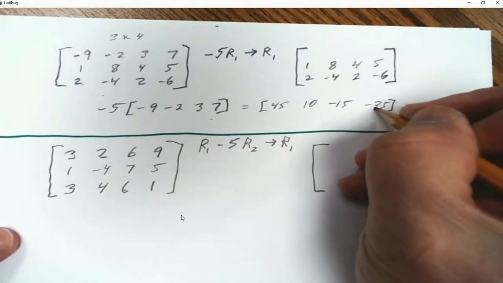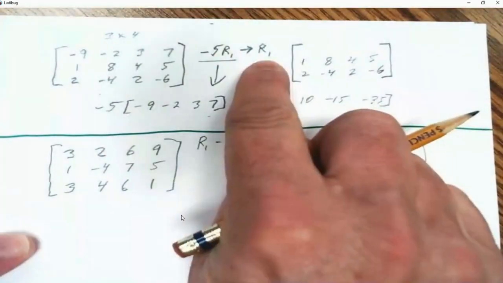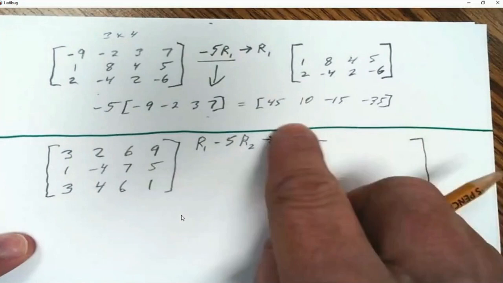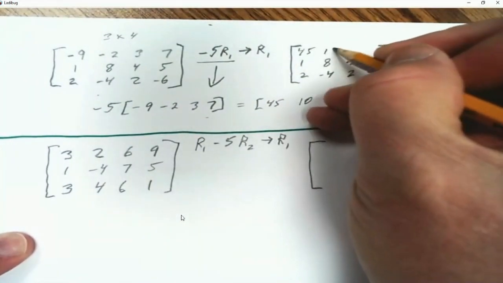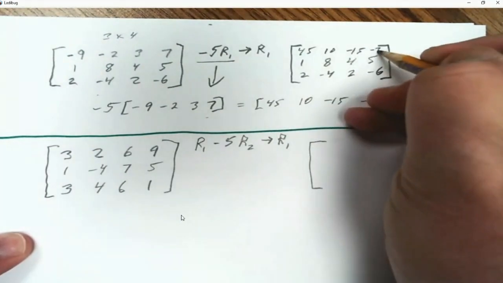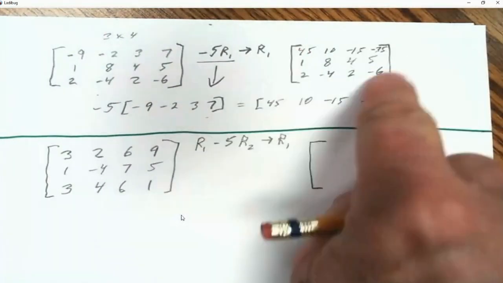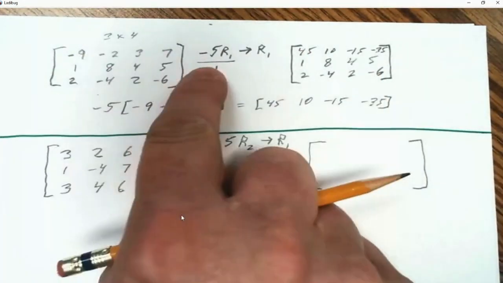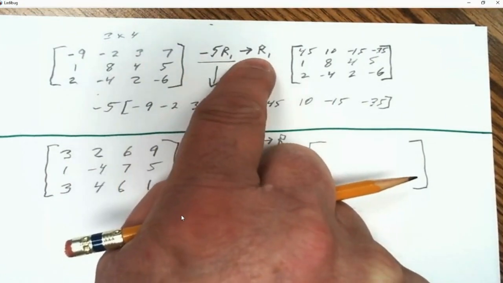So that, taking that right there below, replaces row 1. So this is the new row 1: 45, 10, -15, and -35. So that's the answer. Taking this matrix, performing this operation on it, -5R1, becomes the new R1.